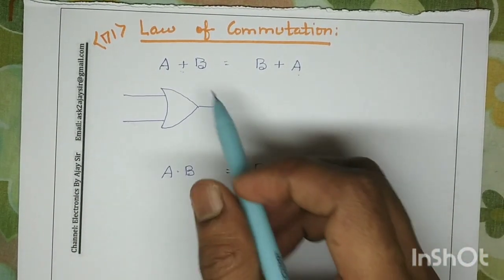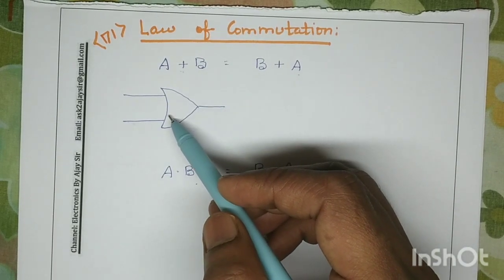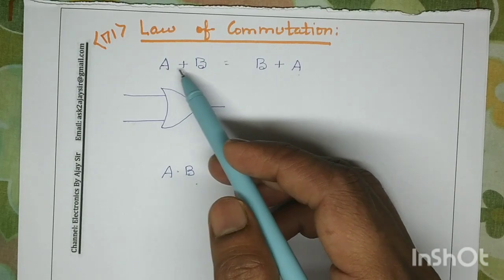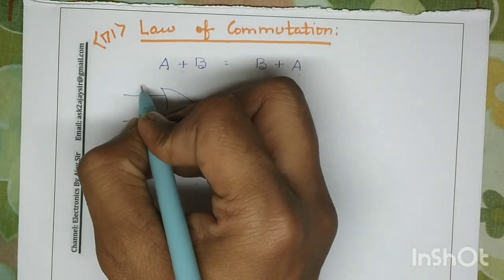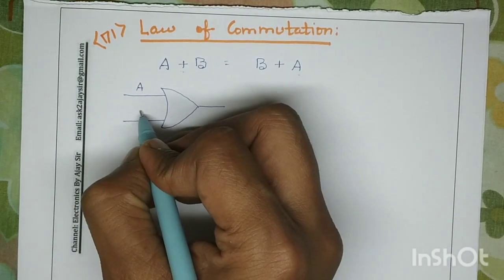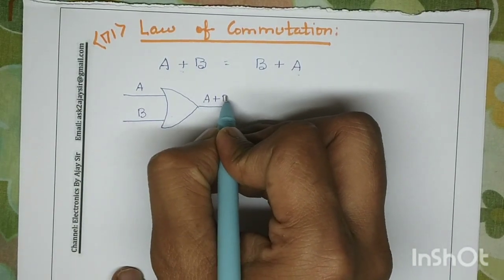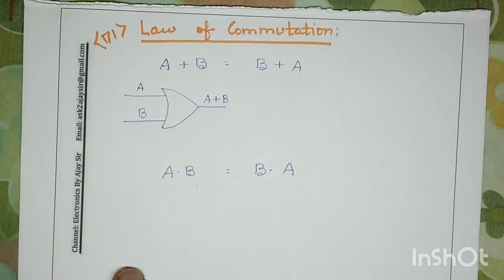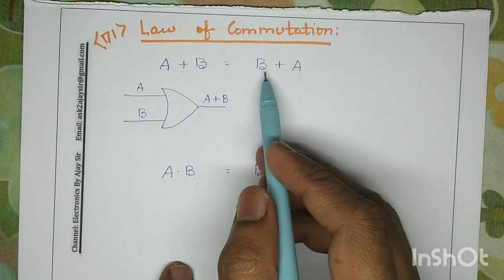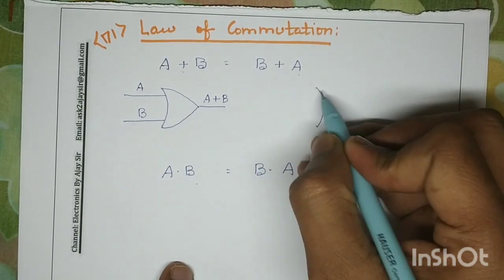For this OR gate there are two inputs A and B, so I will write this as A, this as B, and the output is A plus B. Again, for this expression B plus A, for this plus sign I need a OR gate.